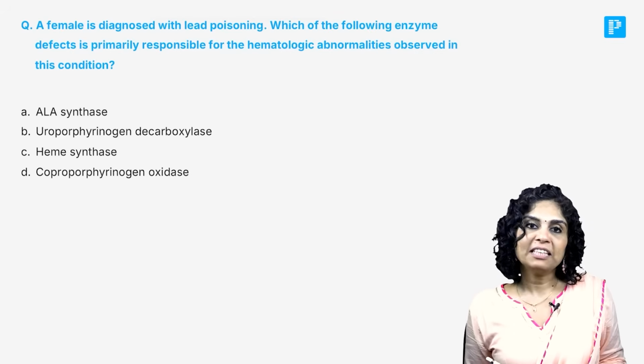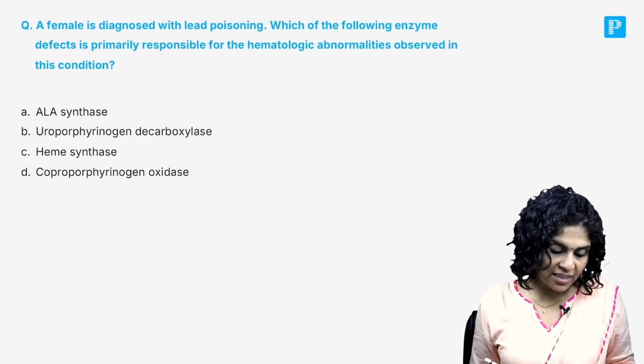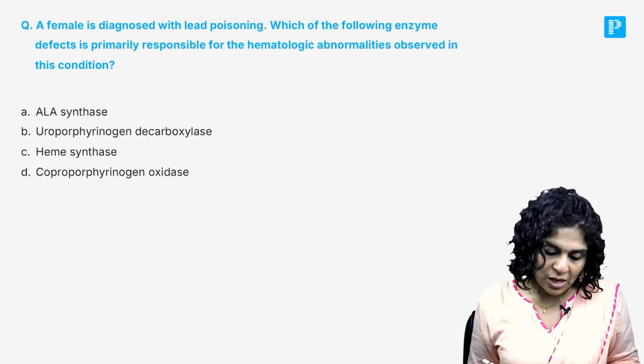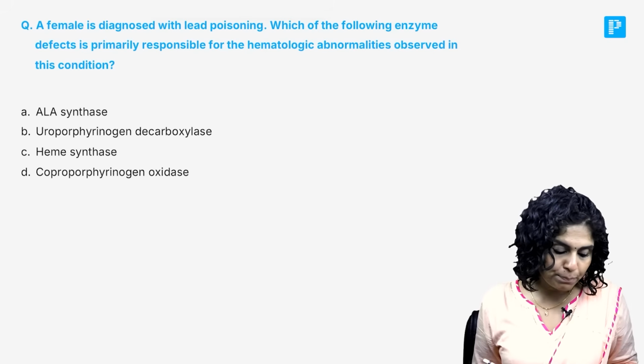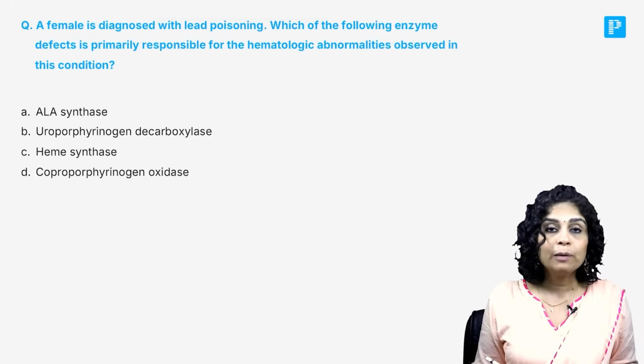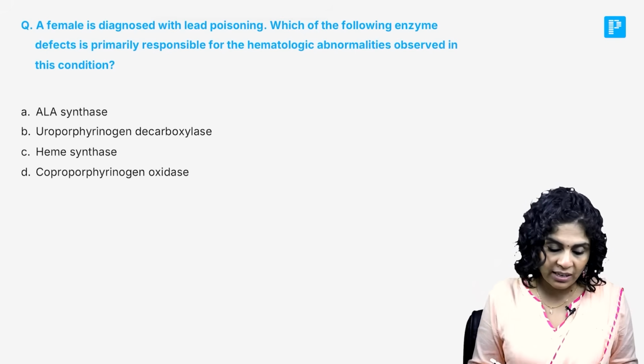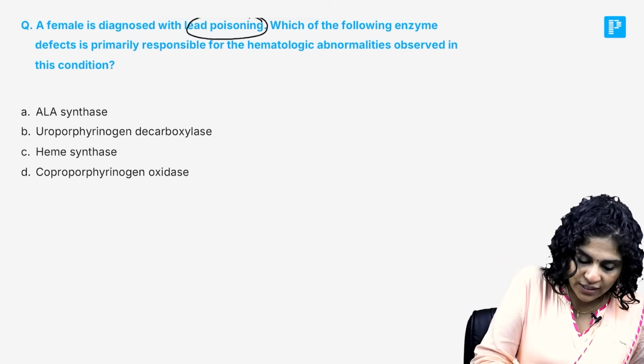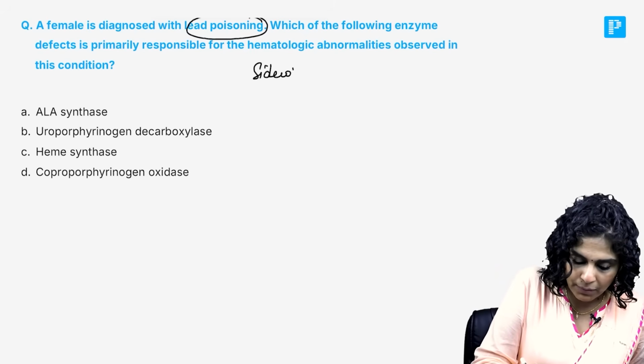Now this MCQ says a female is diagnosed with lead poisoning. Which of the following enzyme defects is primarily responsible for the hematological abnormalities observed in this condition? We know lead poisoning causes sideroblastic anemia.